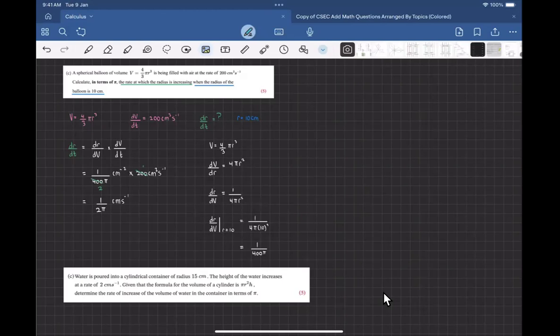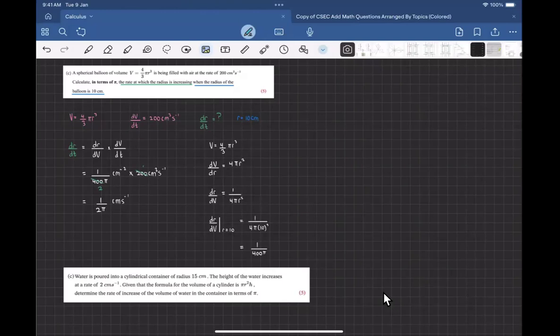If I have y is equal to something, what would I do to get dy/dx? To differentiate. So what I'm going to do with V is equal to pi r squared h to get dV/dH is differentiate. It could be 2 pi r h. Yes, that's correct. And you're replacing the r with 15 because they give you the radius.